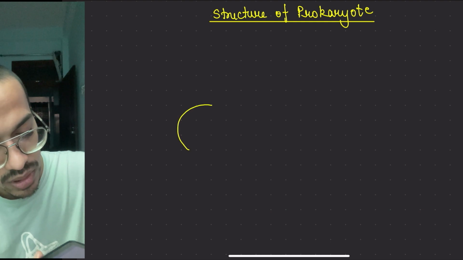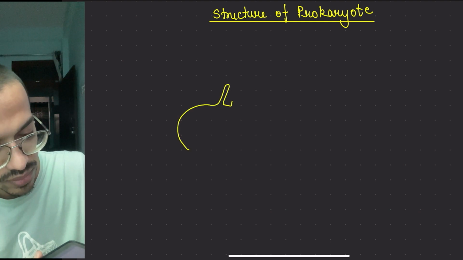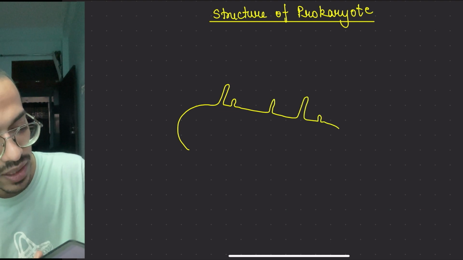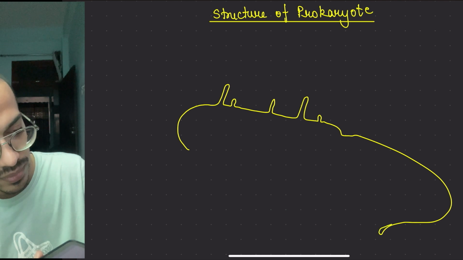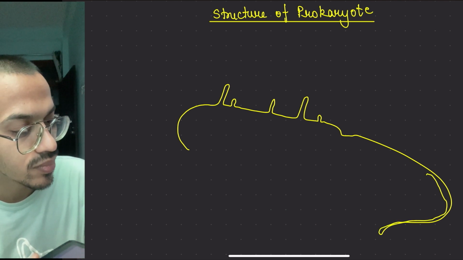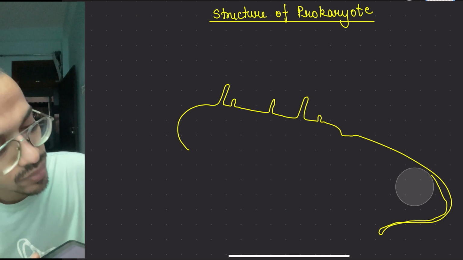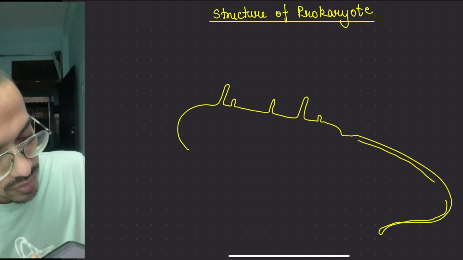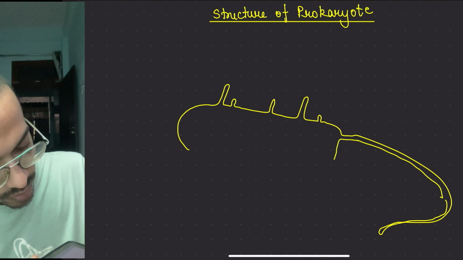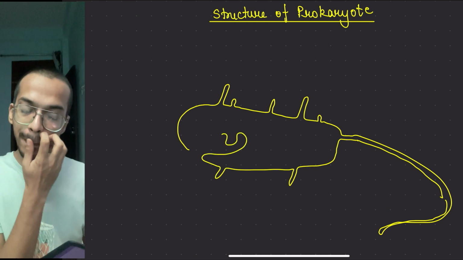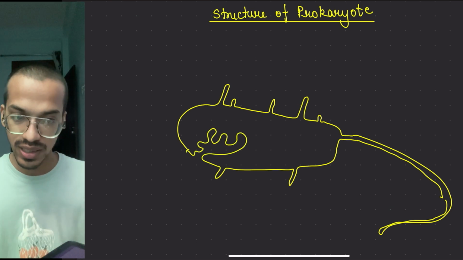The cell membrane has some outer growths, these kinds of structures, certain bigger outer growth structures also present like this, and certain inner growth structures are also present.